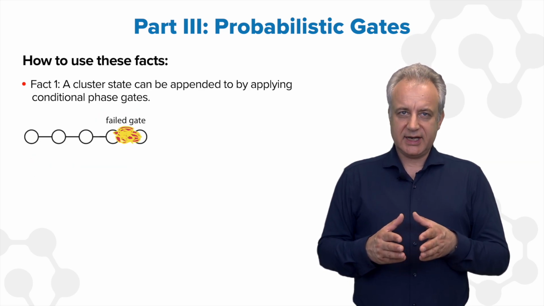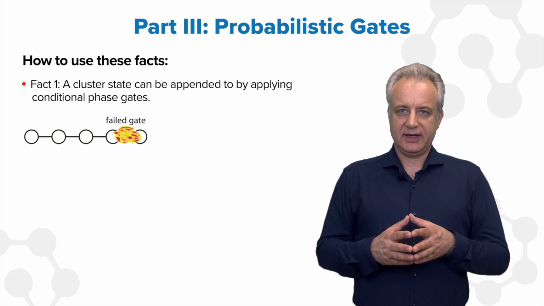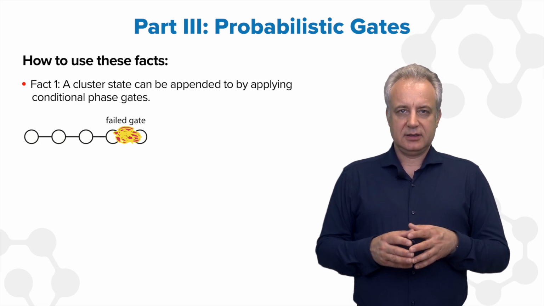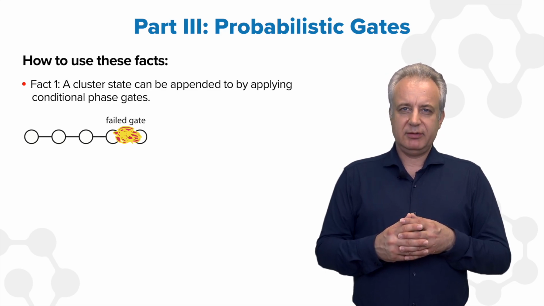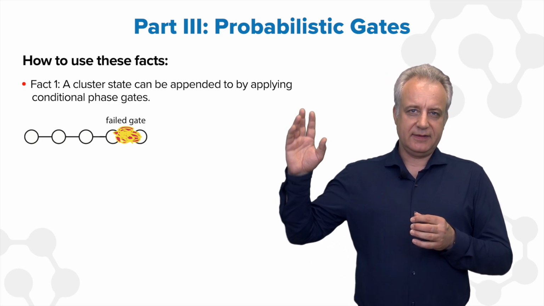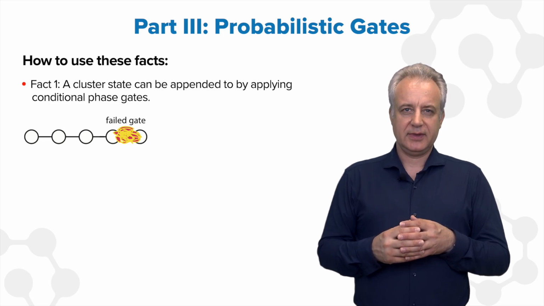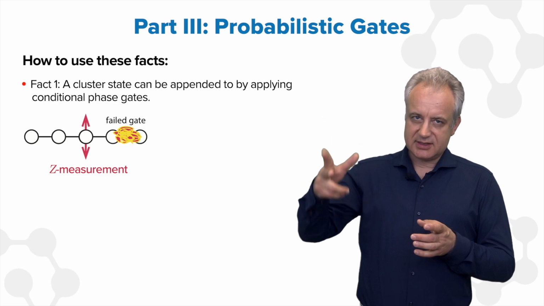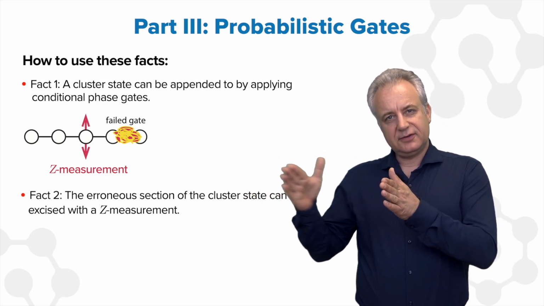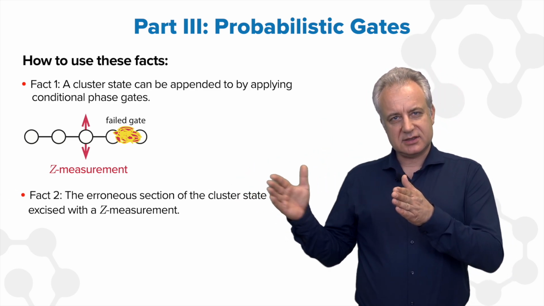Now, second scenario, the gate fails. We get a failure message reported, and we don't know really what happened, but we know that the entangling gate has somehow messed up. So now we can use our Z measurement like a pair of scissors and cut off this faulty segment of cluster state.